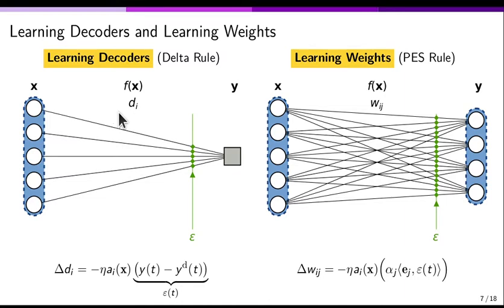If I want the same effective learning rule as this delta rule, but I want it to work over here where I've got connection weights, all I have to do is take the normal delta rule and take that error term and multiply it by the encoders and by the gains. I'm doing exactly the same process.